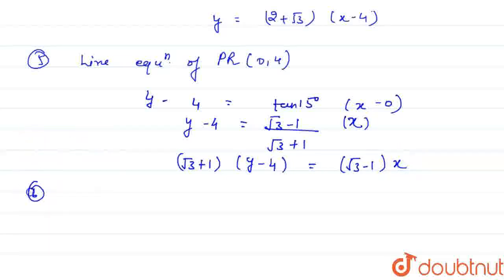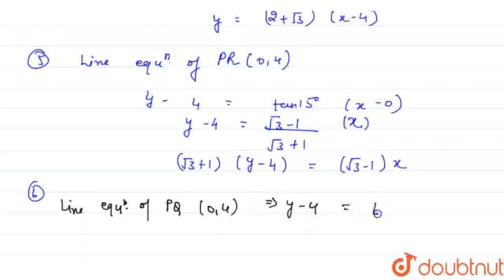Now the last line equation is of PQ, which is passing through 0, 4 with an angle of 45 degrees. So y minus 4 is equal to tan 45 degrees with the minus sign, x minus 0.